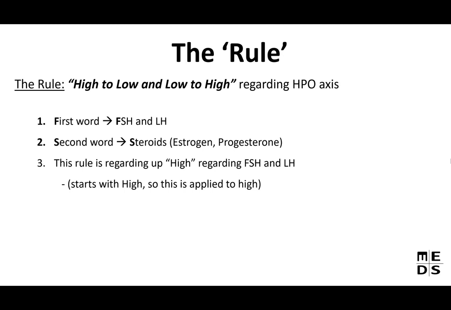So this rule is regarding what is up is high regarding FSH and LH. Starting with high, these are going to be the two, like I said before. FSH and LH are smaller words, so these are going to be first. Essentially, when you say high to low in the beginning of this, FSH and LH are the first part, meaning that they're going to be high, and the steroids are the second word, which are going to be low.